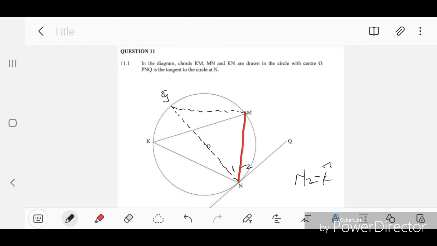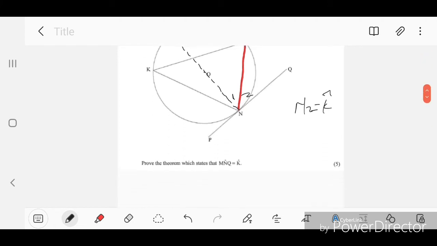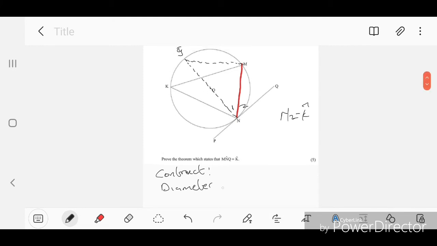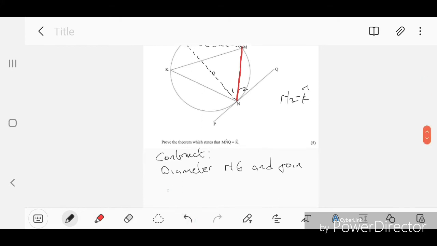All right, so the first thing that you're going to say is construct diameter NG, because it must pass through the center, and join GM. All right, so there's a mark for construction.